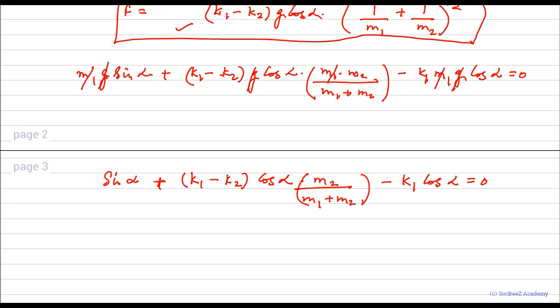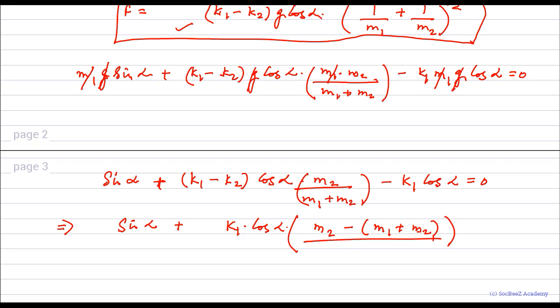Okay, so this can again be written as sin of alpha plus k1 into cos of alpha into m2 minus m1 plus m2 by m1 plus m2 minus k2 m2 cos of alpha upon m1 plus m2 equal to 0.